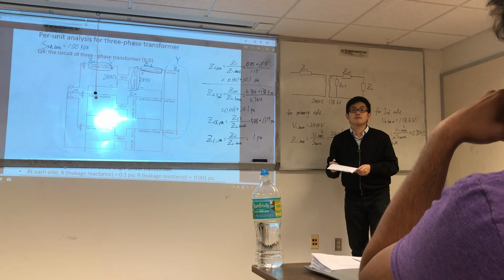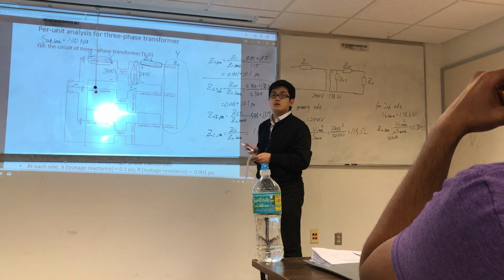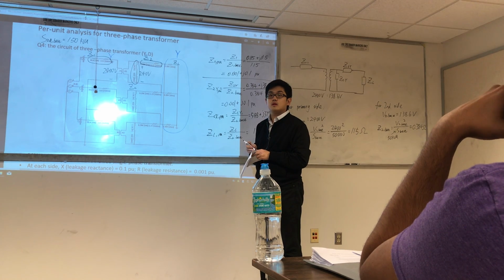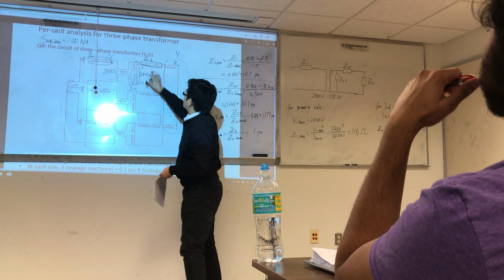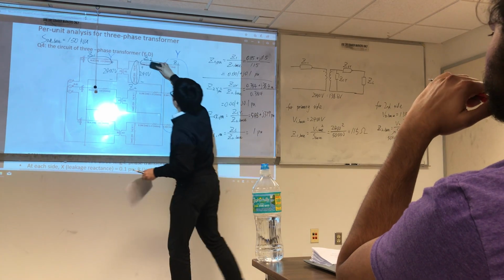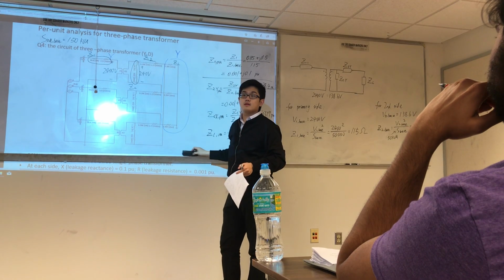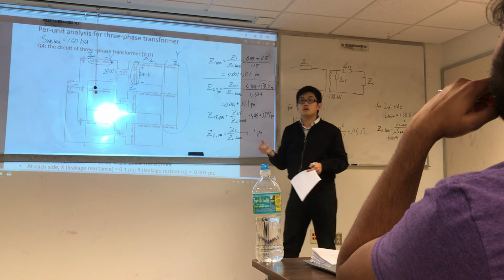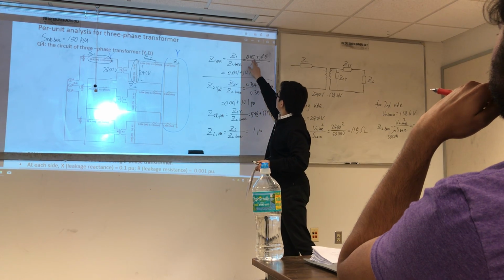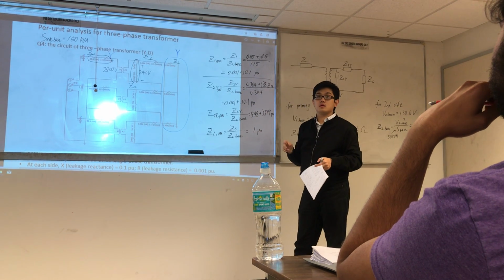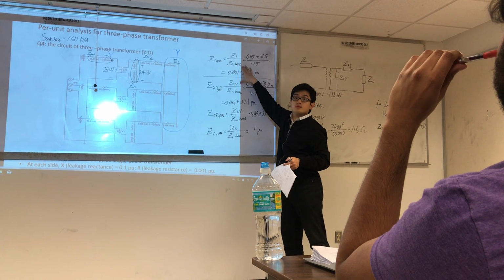For the Z2Y per unit, why is it 0.384? Because this answer I already provided here. But for the Z1 per unit, it's 0.115 divided by, sorry, 0.13, and the 1 per unit. How are those two the same? Because the bases are different.